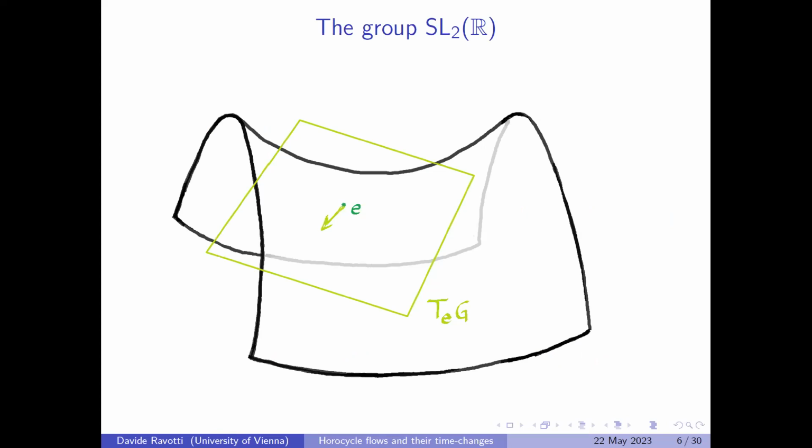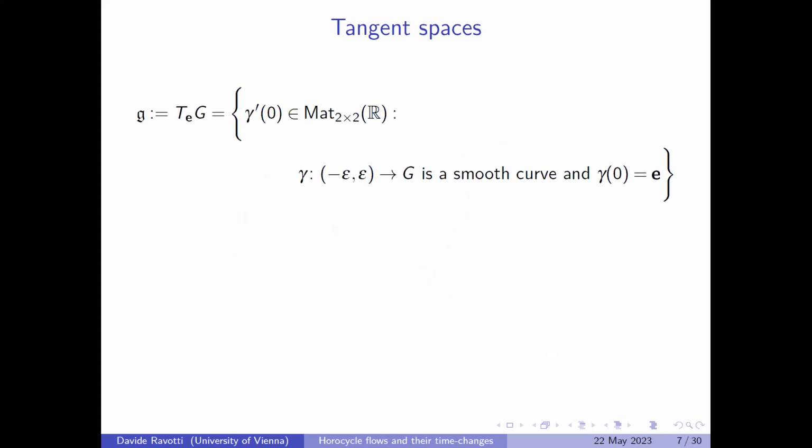And so the first thing that we want to do when we have such a thing is try to linearize it. So we want to look at tangent spaces. For example, we can try to understand what the tangent space at the identity is, because it's a linear space, so it's easier to understand.